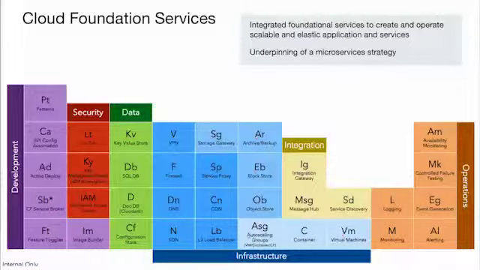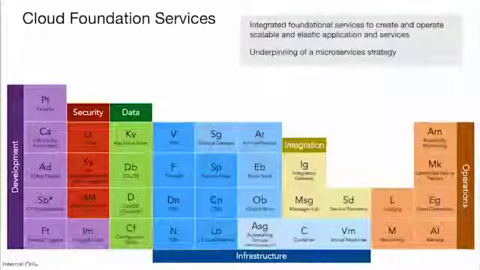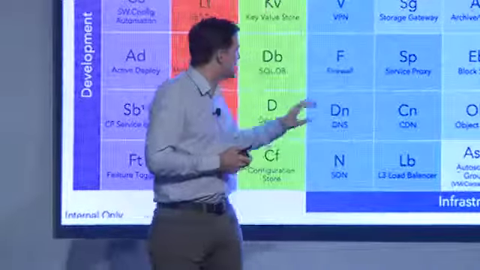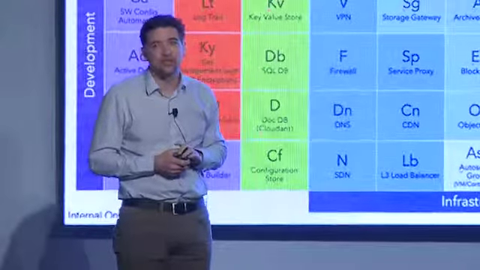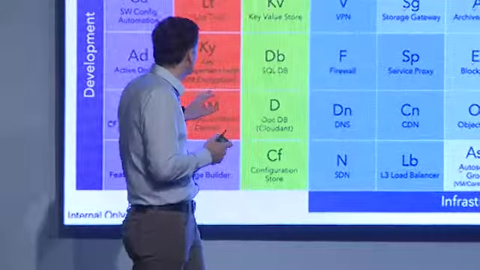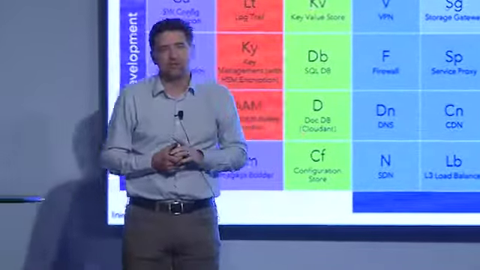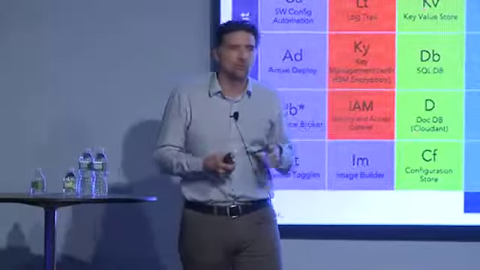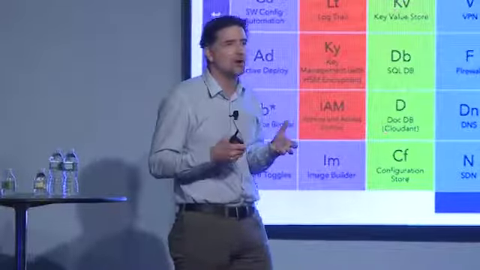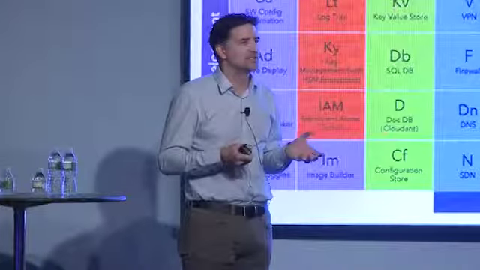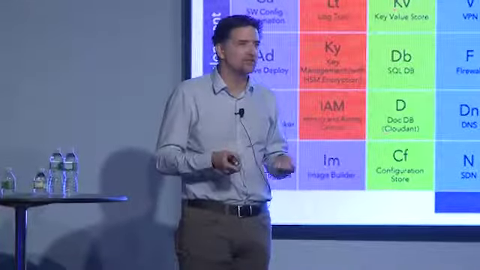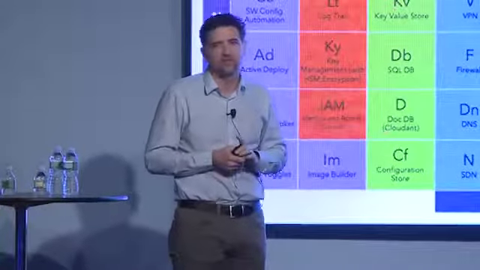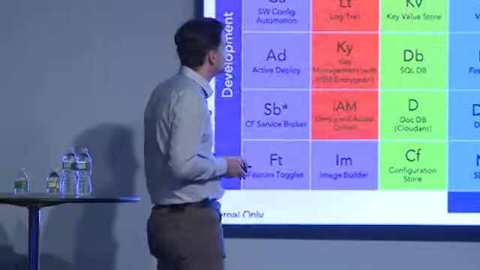It's giving you a common way to do service proxies or to do service discovery, a common way to do logging and monitoring, a runtime like containers to run those applications on. All of the storage and networking capabilities that you need, the deployment control capabilities like Active Deploy that can manage the rollout of new applications. Those things are all provided as services that you can link to through APIs and leverage as part of the development process for deploying and running these new applications.